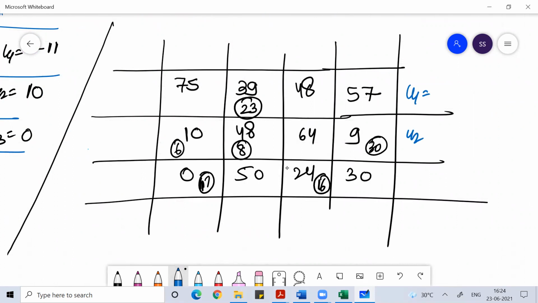U1, U2, U3, V1, V2, V3, V4. So you see which one should I put? Doesn't matter. This 0. This would be 10. This would be 48. This would be 9.